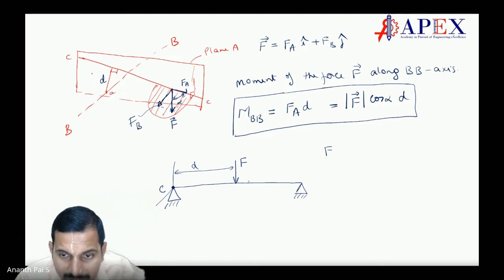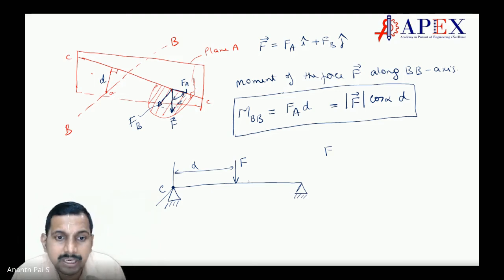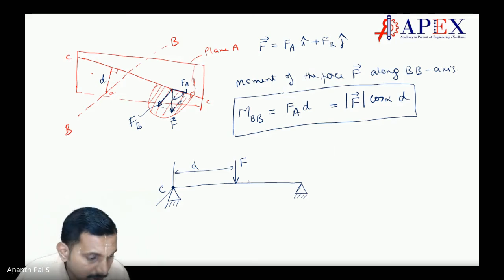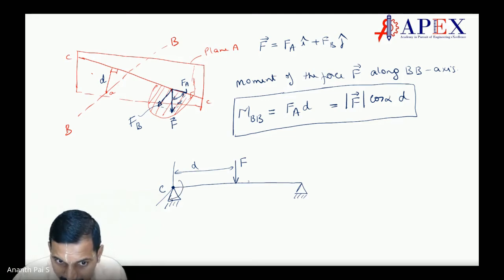I will say what is the direction. If I want to say, I will see what the angle is. So moment vector about point C. Here in this case, it is going in this direction, clockwise direction, right? So we are taking clockwise direction as negative.